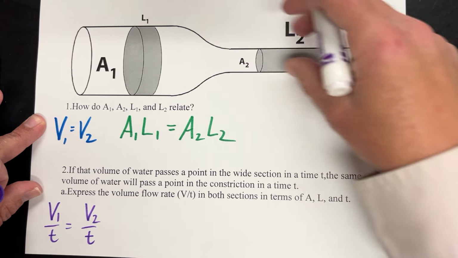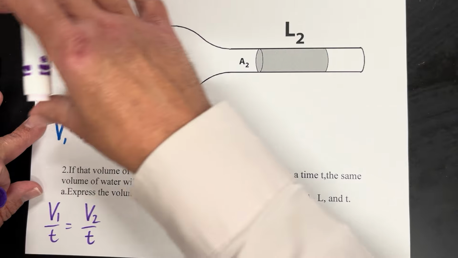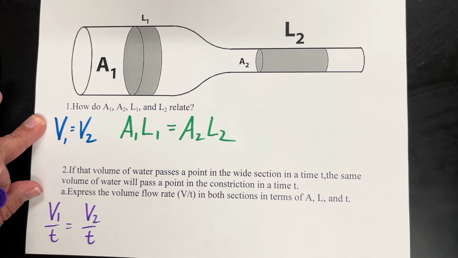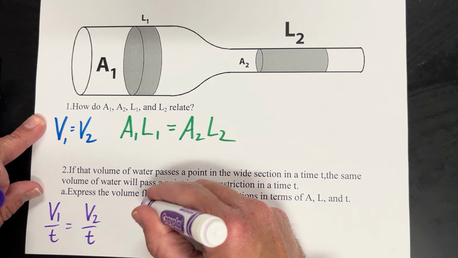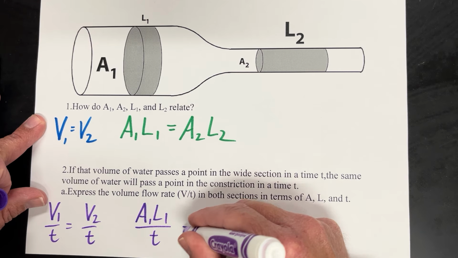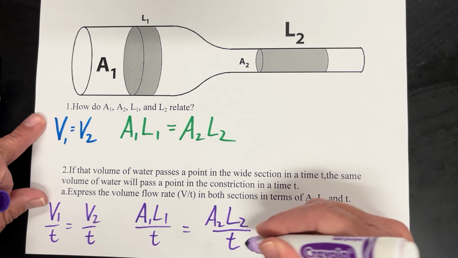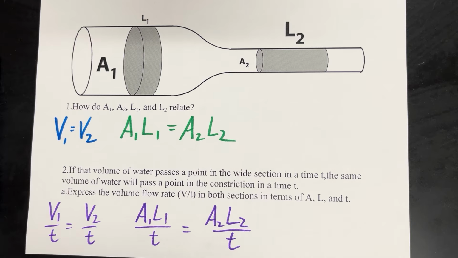If not, we would be gaining mass or losing mass in one section of the pipe, and this pipe is uniformly filled with an incompressible fluid. We already made these substitutions for volume, so we can say A1 times L1 over the time has got to equal A2 times L2 over the time. All we're doing is making this a rate.